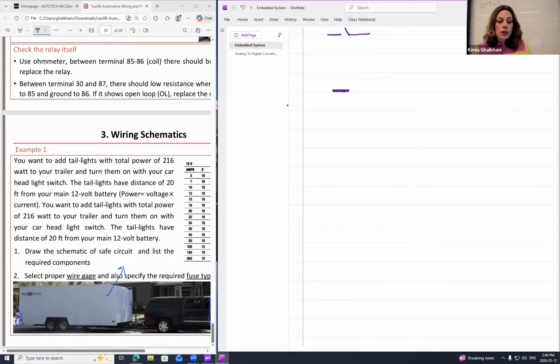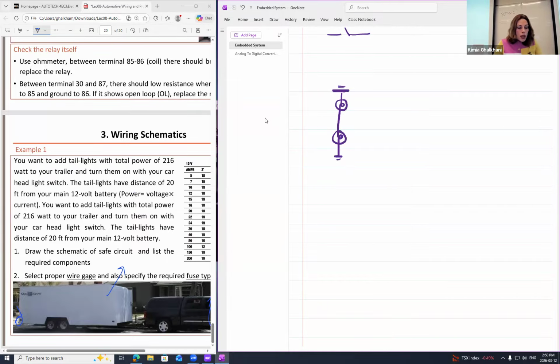So I'm going to start from grounding, right? So I'm going to connect one light to the left, one light to the right. Suppose this is the light, and this is also a symbol for a light. It might not be the best drawing, but at least it will give you a good understanding of what I'm doing right in here.